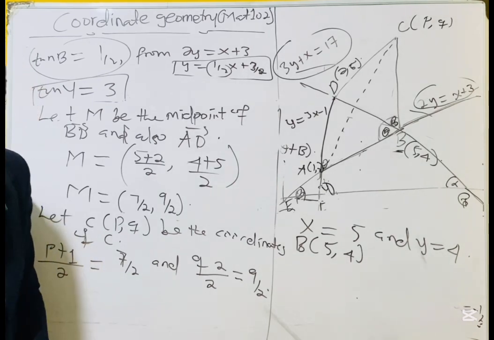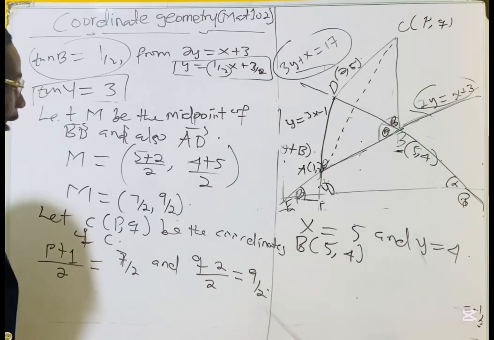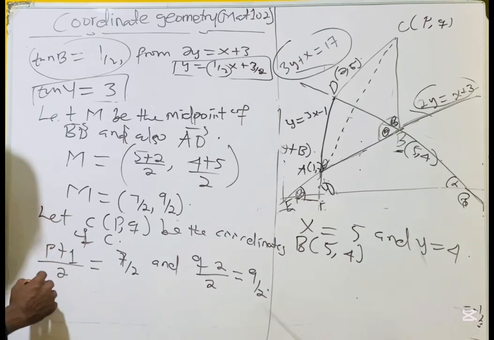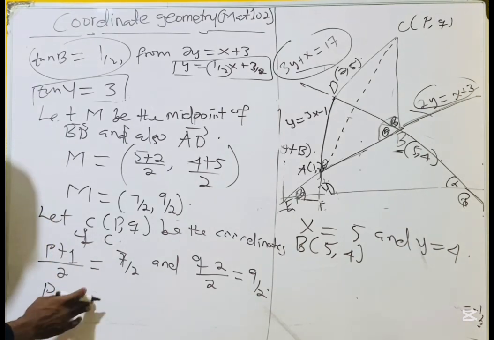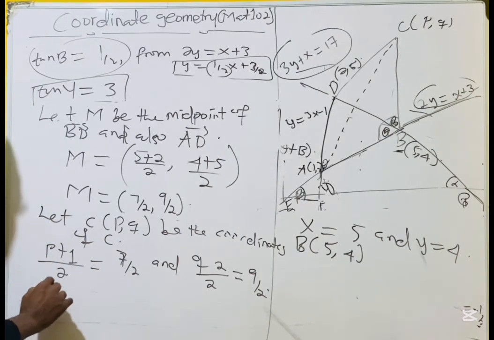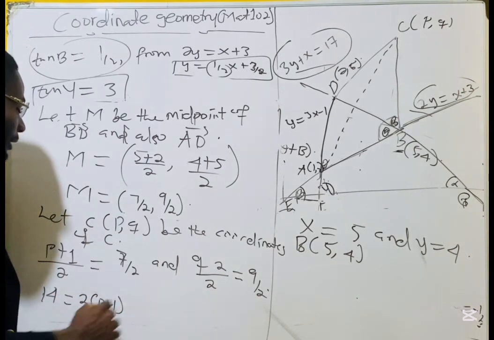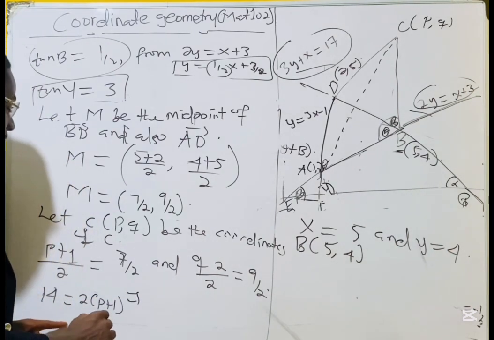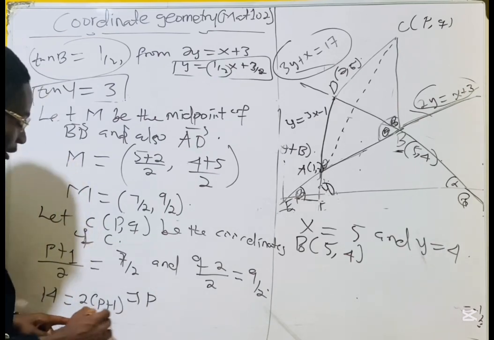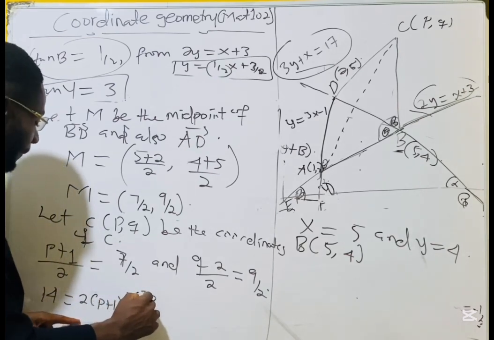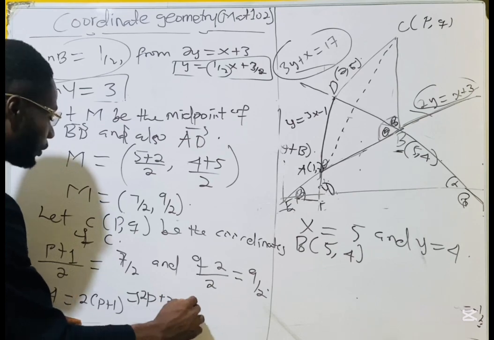So when we do that, then we are going to have the P to be equal to, when you cross multiply, we're going to have 14 equals 2 into P plus 1. Then this implies that when we expand the bracket, we're going to have 2P plus 2 is equal to 14.